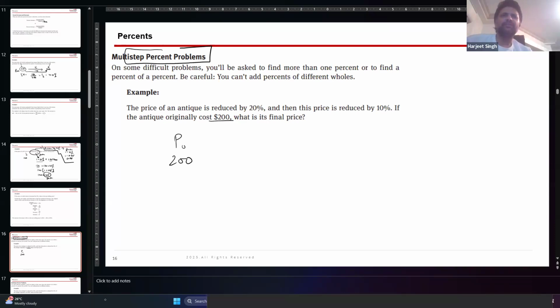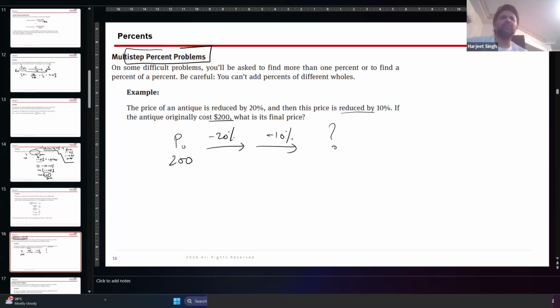This price was first reduced by 20%, and then further reduced by 10%. Maybe there was an initial sale period, and the leftover stock was given a further discount. So, two successive discounts. What is the final price?